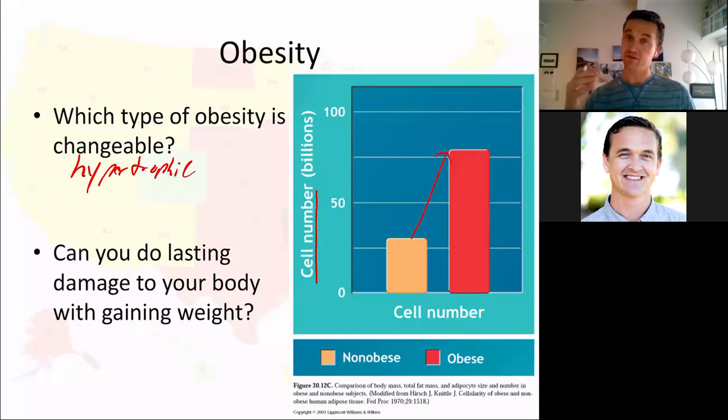The problem is if you're gaining weight during these susceptible time periods when you can add fat cell numbers, every single one of those new fat cells is going to want to be a certain size. This gets us to what's known as the set point theory: all of your fat cells want to be a certain size.